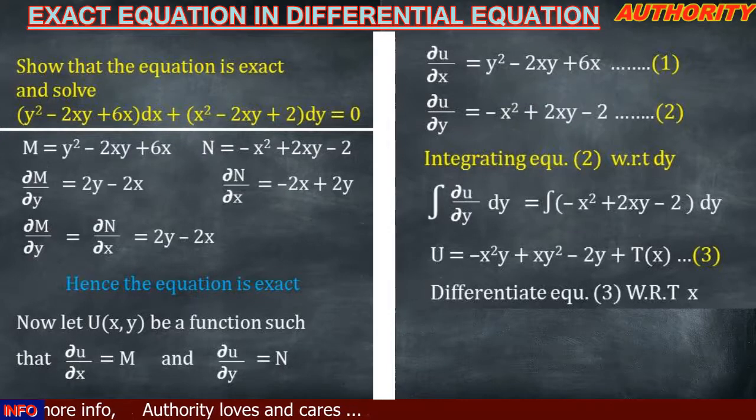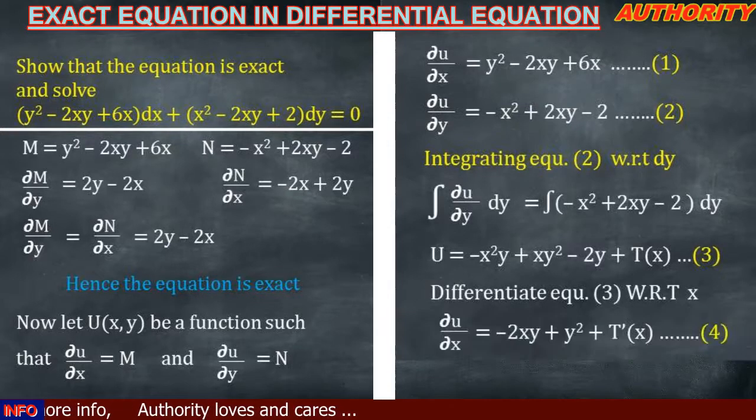Now let's go. That means the partial derivative of u with respect to x is equal to, in this function, we take every other variable constant and differentiate only x. Here we have minus x squared y. When we differentiate with respect to x, it's going to give us minus 2xy.